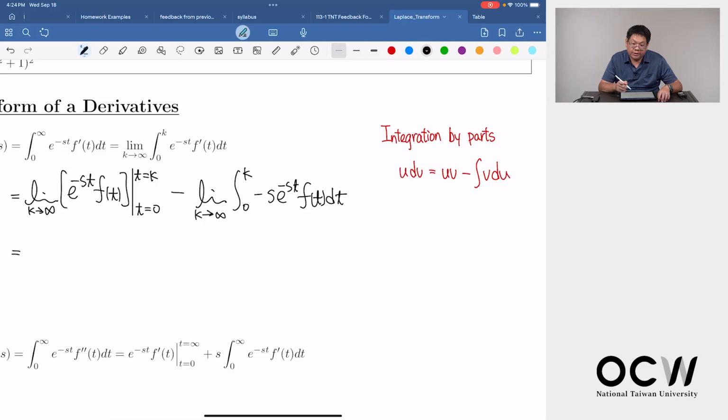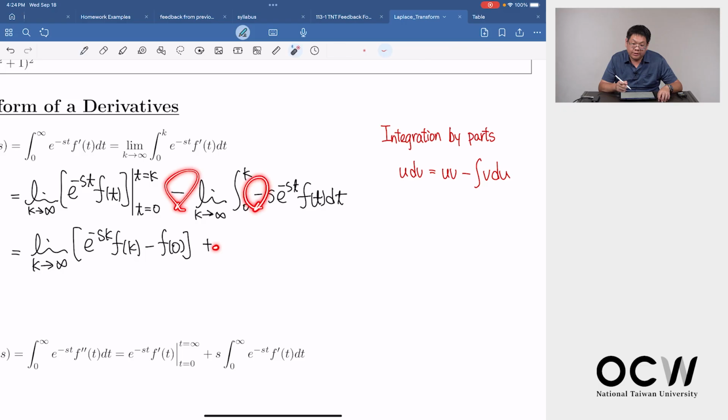Alright, so the first term, t from 0 to k, and k goes to infinity. Here t is from 0 to k, so we get e to the minus sk f of k minus, when t is 0, e to the 0 is 1, then we have f of 0. Plus, okay, minus minus, we have plus s.